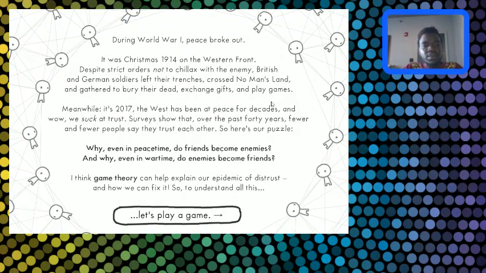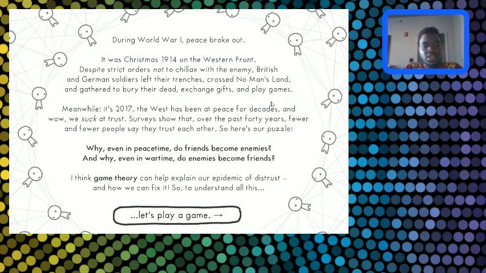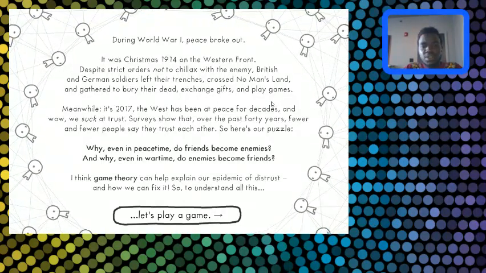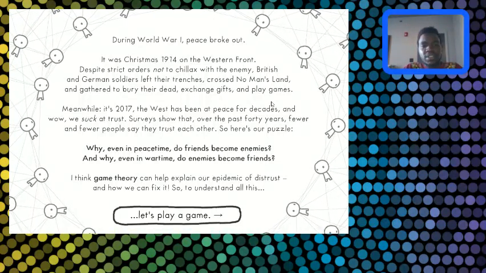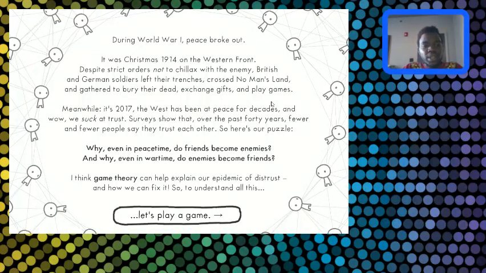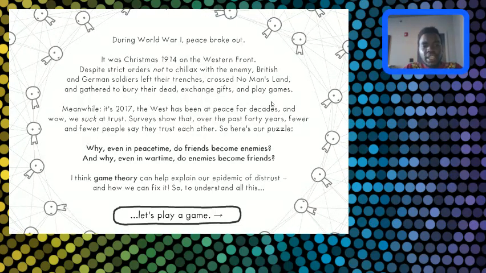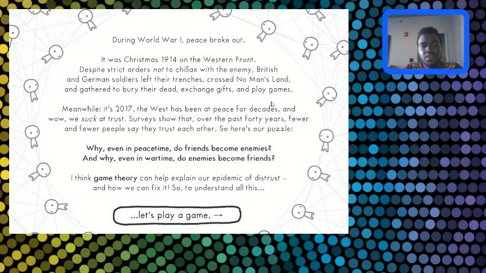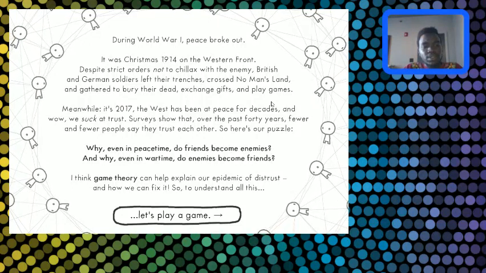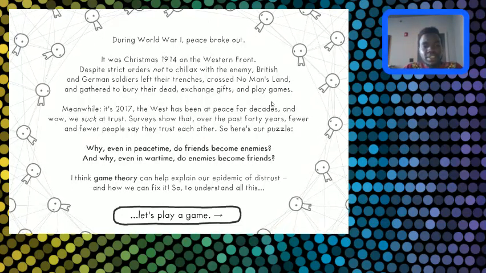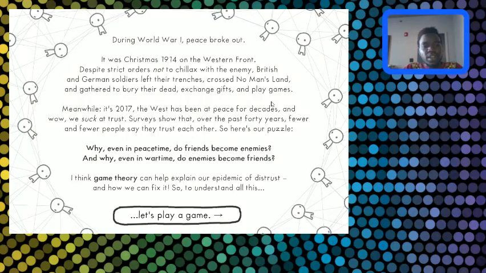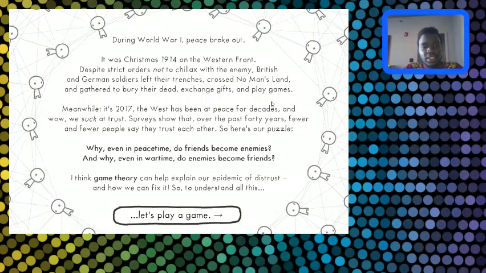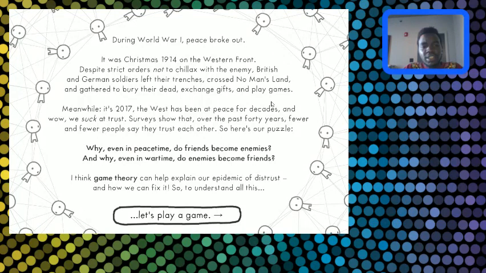Enemy, British and Germany, soldiers left their trenches, crossed no man's land, and gathered to bury their dead. Again. Meanwhile, it's 2017, and the West has been at peace for decades. Wow, it's a country. It's a very sure that over the past 40 years, people stayed in trust, say they trust each other.